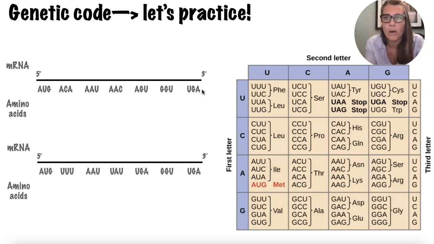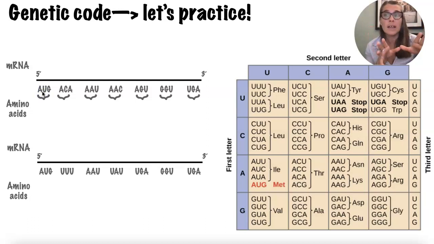So remember how to read the table. First of all, remember that we read 3 nucleotides at a time. That is your codon. That is what codes for a specific amino acid. So the first thing is to make sure you say, okay, these 3 go together, these 3 go together, these 3, this 3, and this 3.